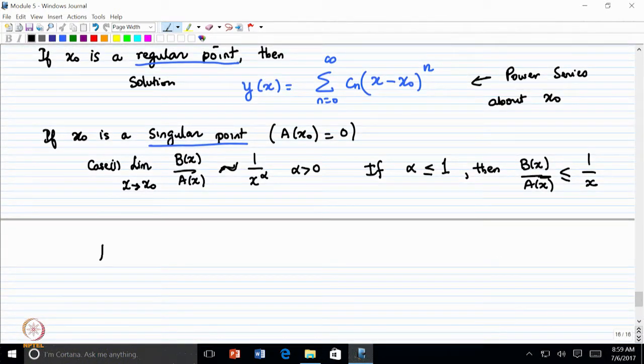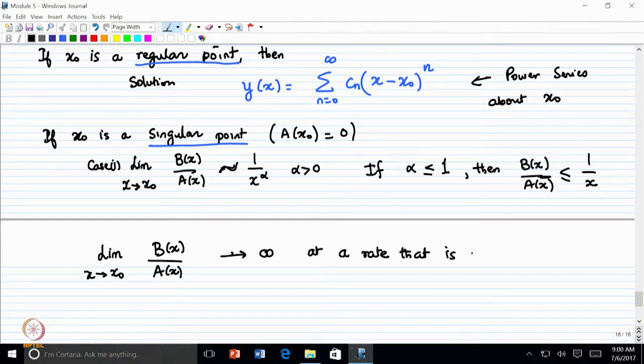So, what you are saying is that the limit as x tends to x 0 of b of x divided by a of x tends to infinity at a rate that is not faster than 1 by x.